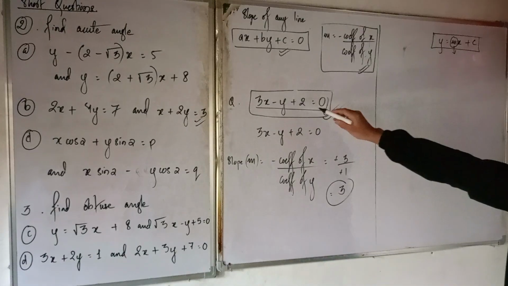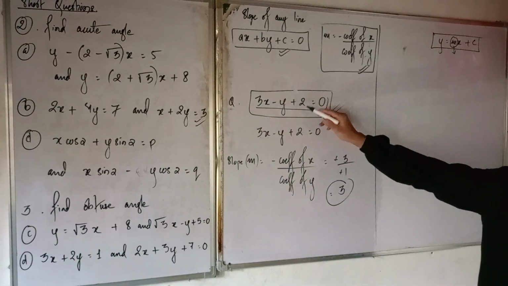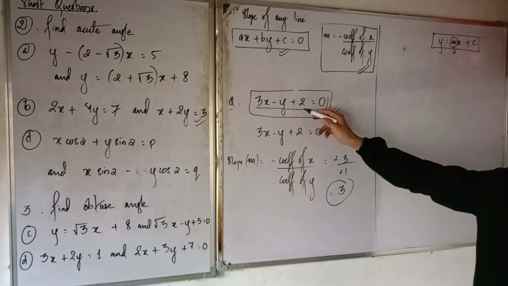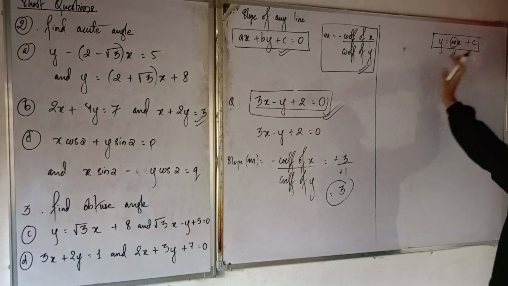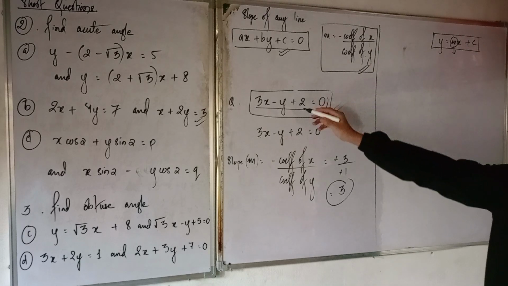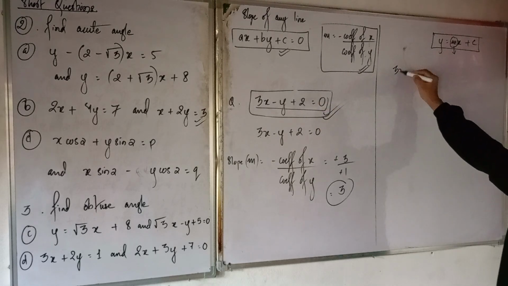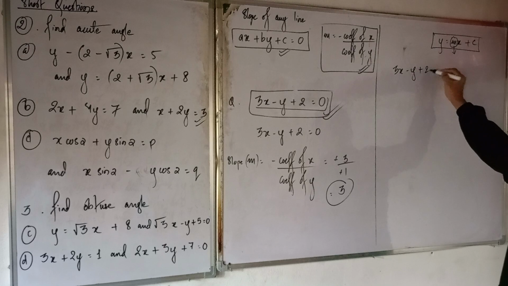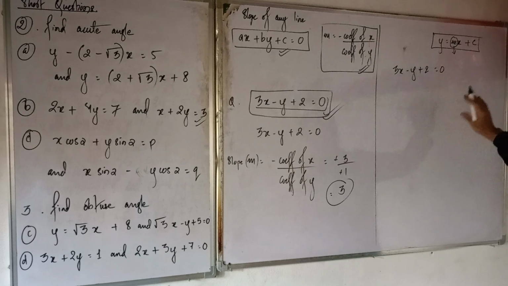Now if you want to find the slope of this line by the other method, you can also use that. Let's take the same line, 3x minus y plus 2 equals 0.